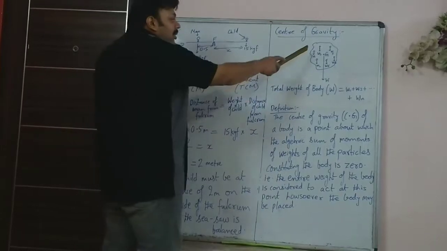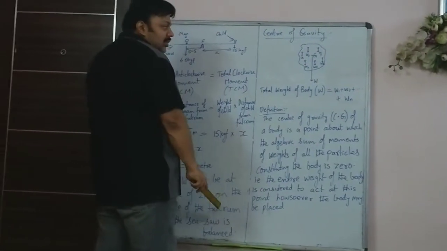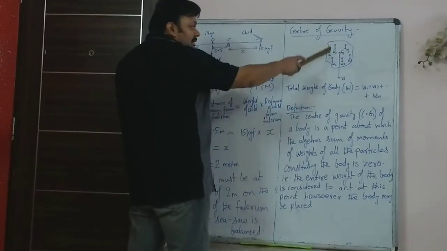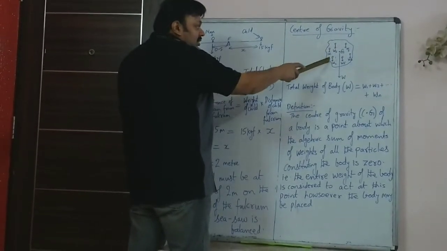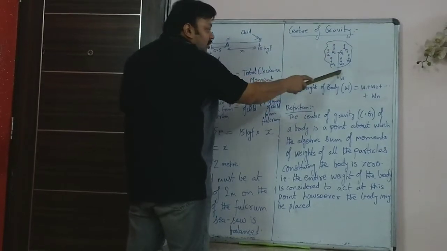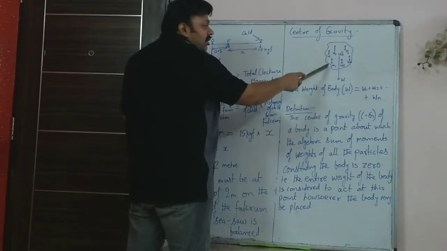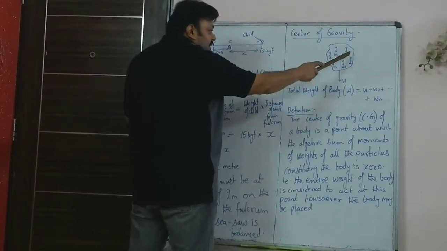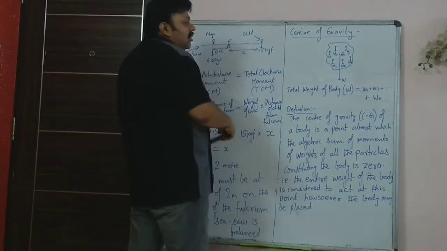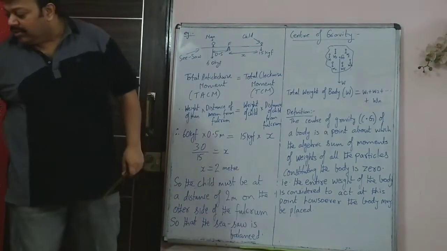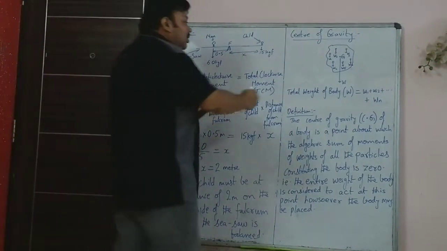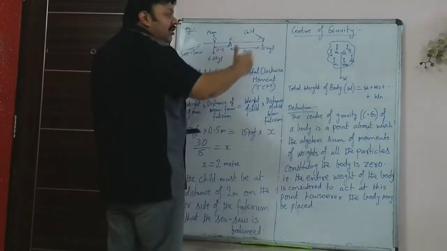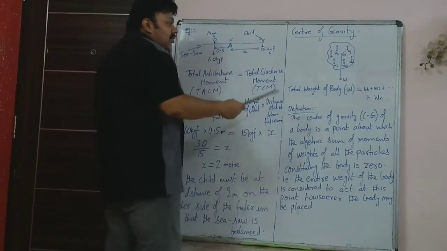So if you do W1 into the perpendicular distance, W2 into the perpendicular distance, W3 into the perpendicular distance, these three weights are going to produce anti-clockwise movement about this point. And these three weights, W4, W5, W6, are on that side of G, so they will produce clockwise movements.